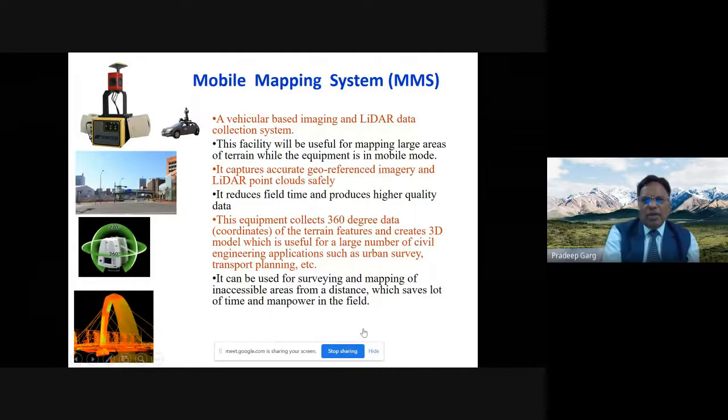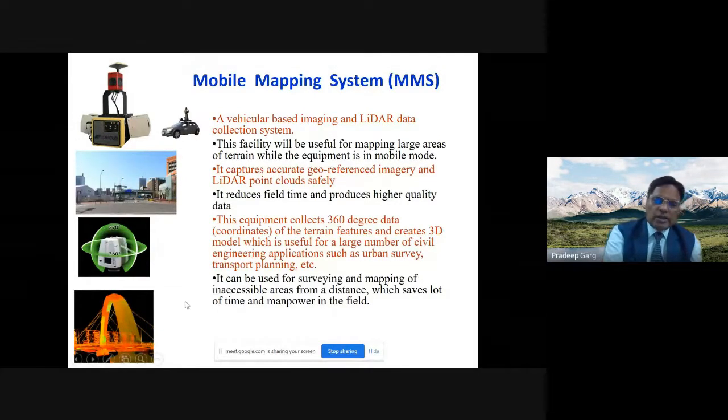So this mobile mapping system is very useful in collecting data for the smart city, or collecting data for the urban setup. If we have to find out the urban growth in a particular area, what the different features are and what their exact dimensions are, one can get all that while moving in the vehicle.